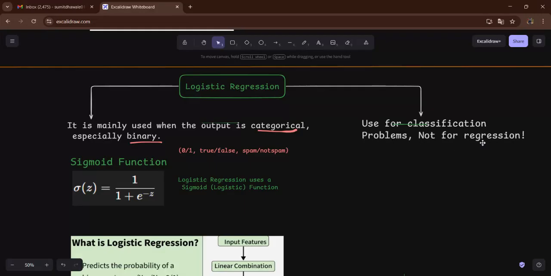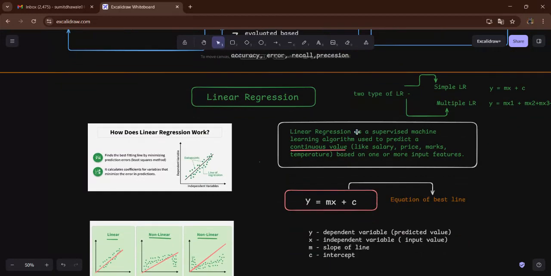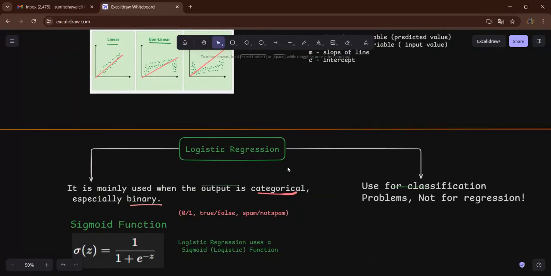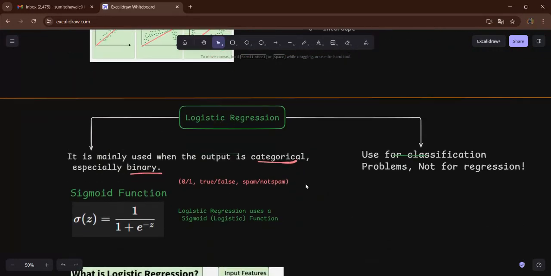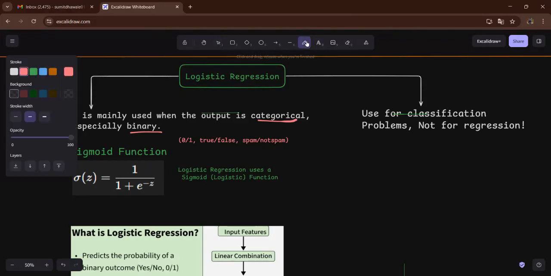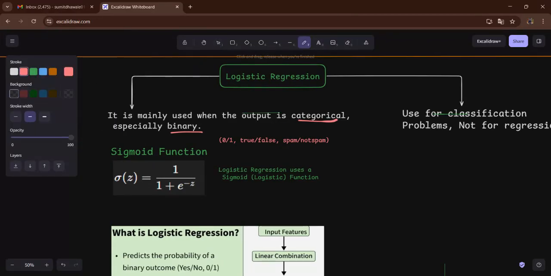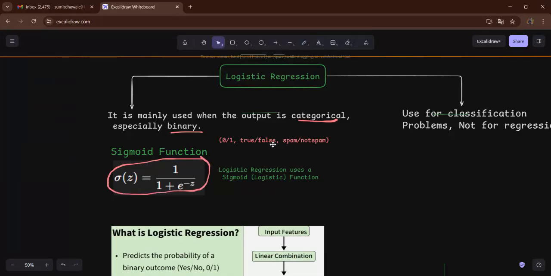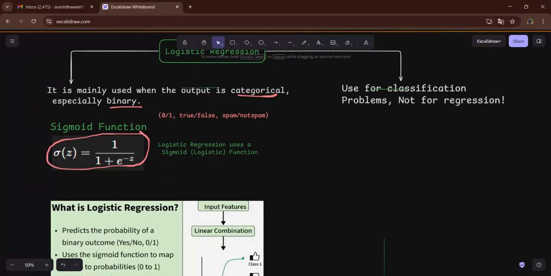For regression problems, we use linear regression, and for classification problems, logistic regression is used. How does logistic regression work in the backend? Logistic regression uses this formula for finding the output from the input.